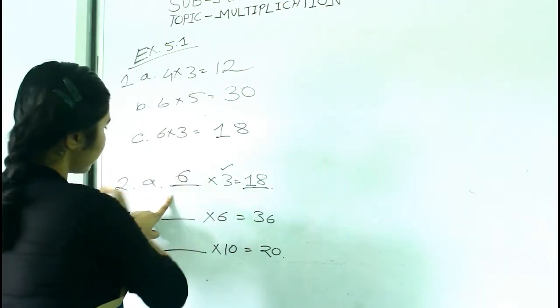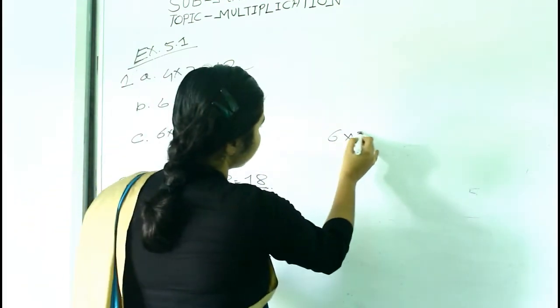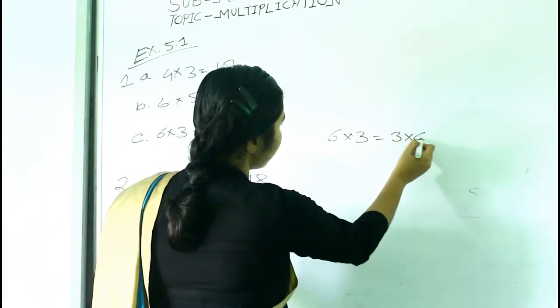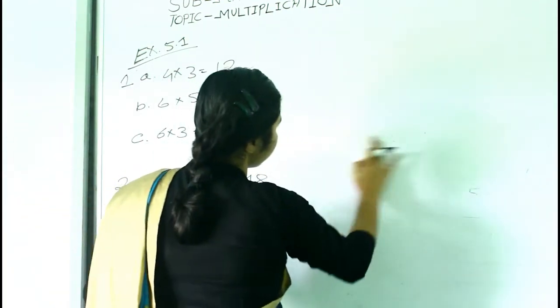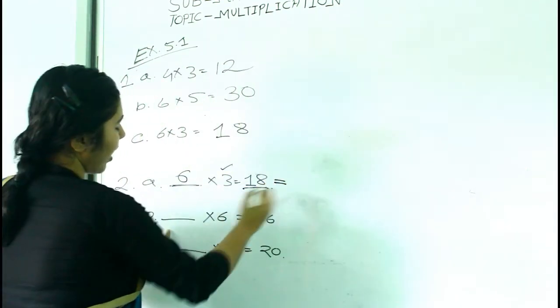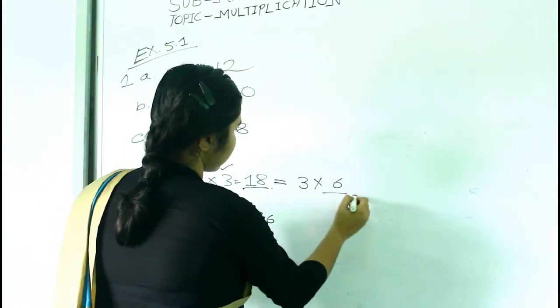So write here 6. Next again we know that 6 into 3 is equal to 3 into 6, right? So we can write here also 3 into 6.